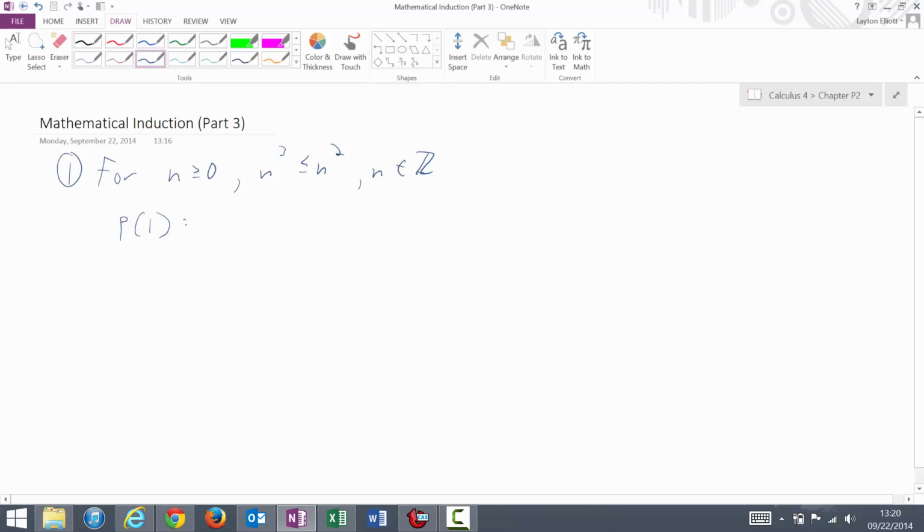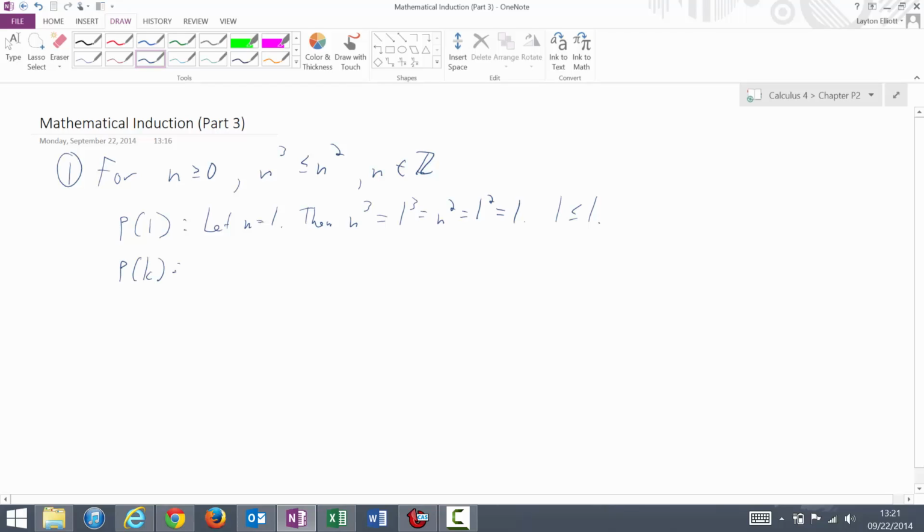So for P of 1, we can let n equal 1, and then I know that n cubed is equal to 1 cubed, which is equal to n squared, which is equal to 1 squared, which is equal to 1. So it shows that 1 is less than or equal to 1, and that shows the P of 1 case.